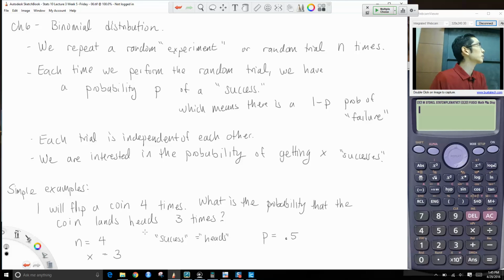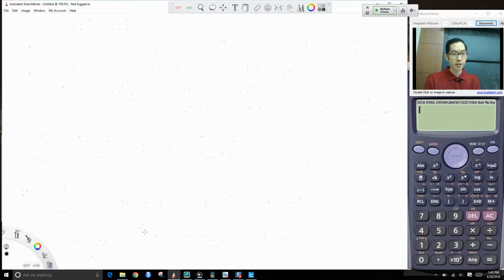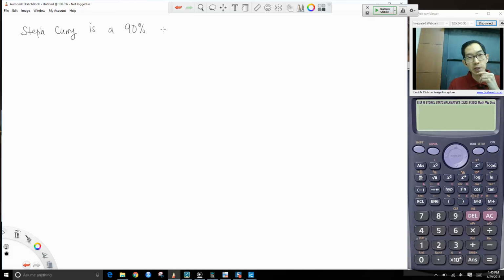All right, let's try this out. Let's see if you could identify the N, P, and X in this case. So Steph Curry is a basketball player. Let's just say he's a 90% free throw shooter, meaning every time he takes a free throw, he'll make it 90% of the time.